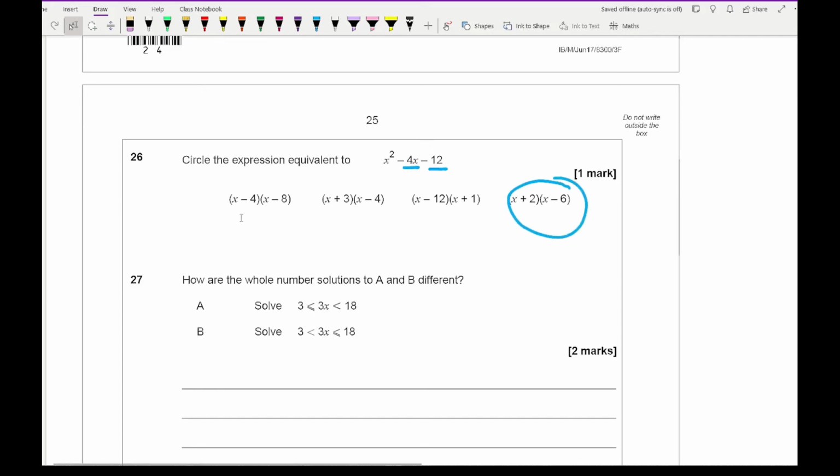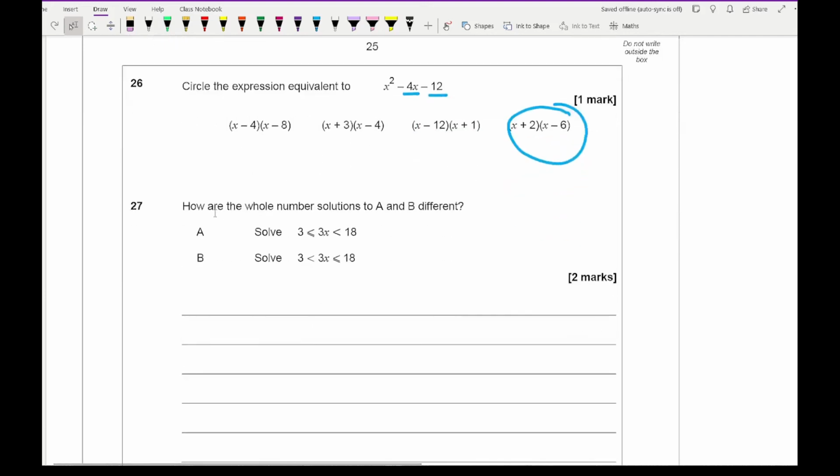Now for question 27, it says, how are the whole number solutions for A and B different? Well, for this, you always want to try and get x by itself in the middle. So here we've got 3x, so I need to divide all the numbers by 3. So here we've got 1, x, and 6. And then for B, we're going to have 1, x, and 6.